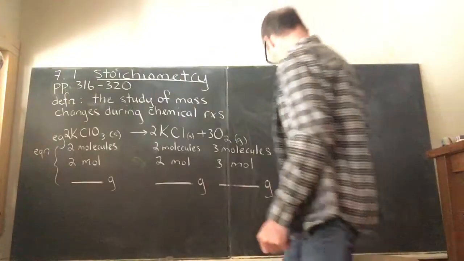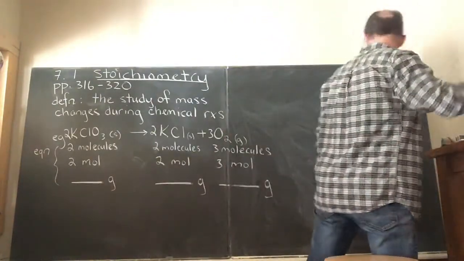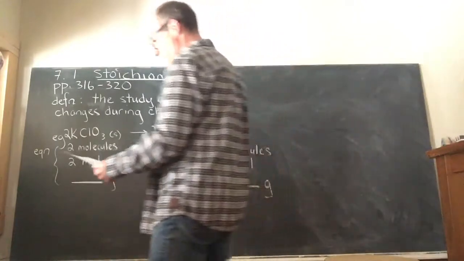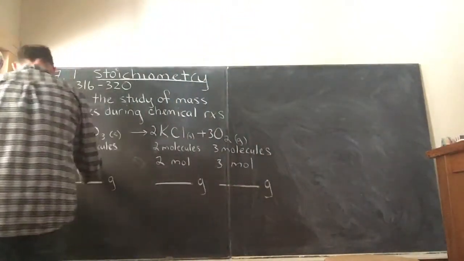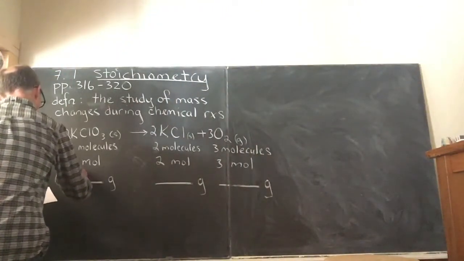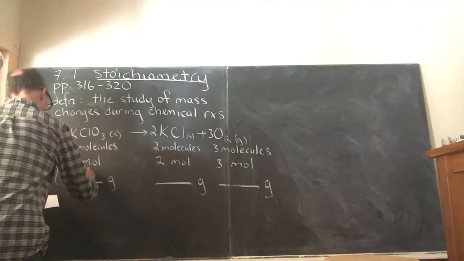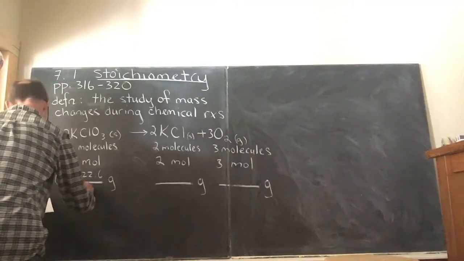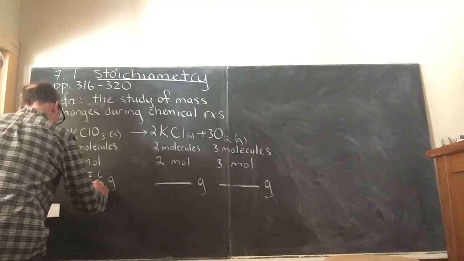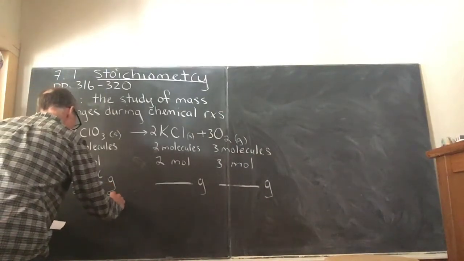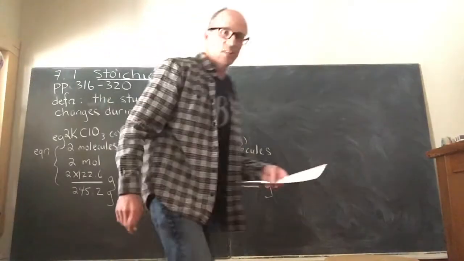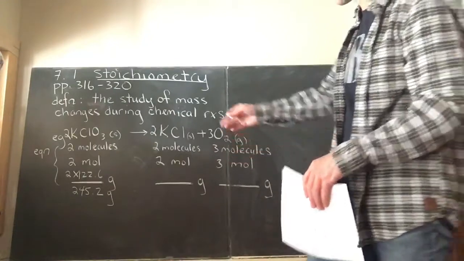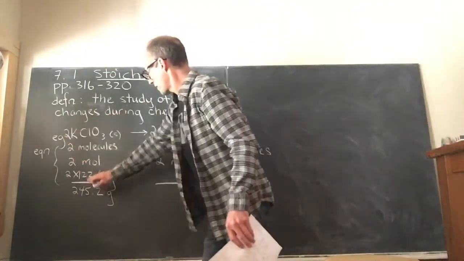So when we really look at this equation, you can see that if we use the molar mass of potassium chlorate, we've got 2 times 122.6 grams, which ends up being 245.2. The molar mass of KClO3 is 122.6, and because there's a 2 in front of it, we have to multiply it by 2.